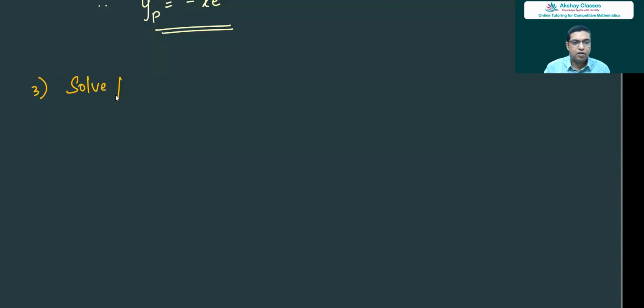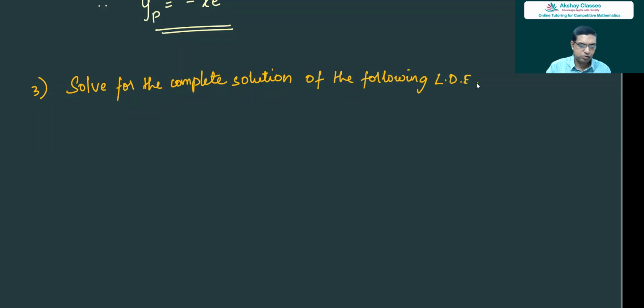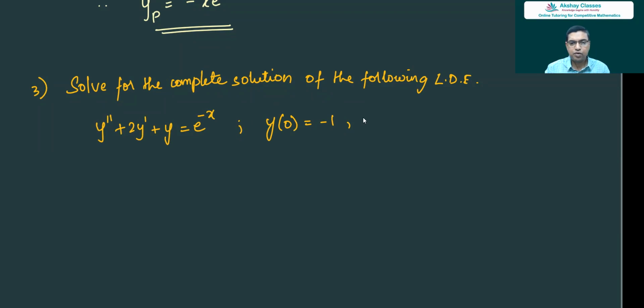Another example: solve for the complete solution, both the complementary function and the particular integral, of y double dash plus 2y dash plus y is equal to e^(minus x), with y(0) equal to minus 1 and y dash (0) equal to 1.